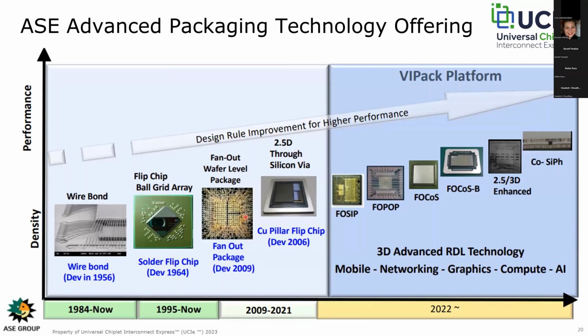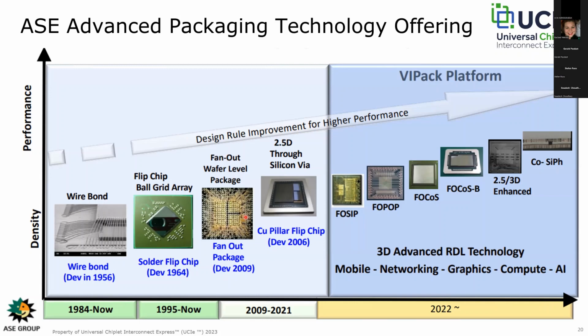So now let's start by looking at the ASE packaging roadmap. ASE stands for Advanced Semiconductor Engineering. It's a Taiwan-based company, and they offer a comprehensive package platform. They call this Vertically Integrated Package Solutions, or VIPack platform.